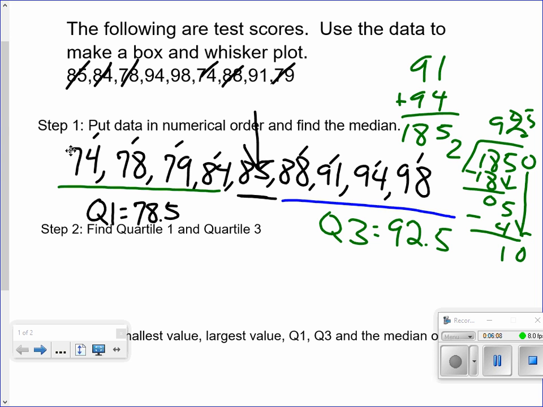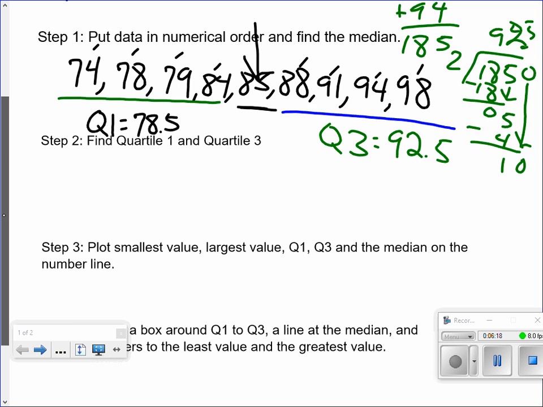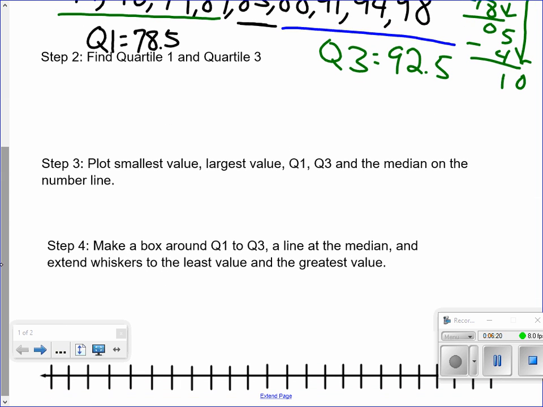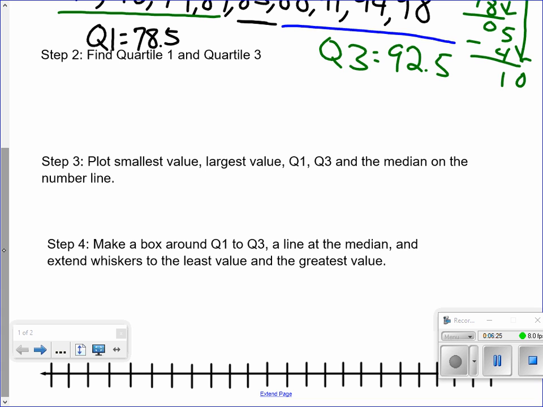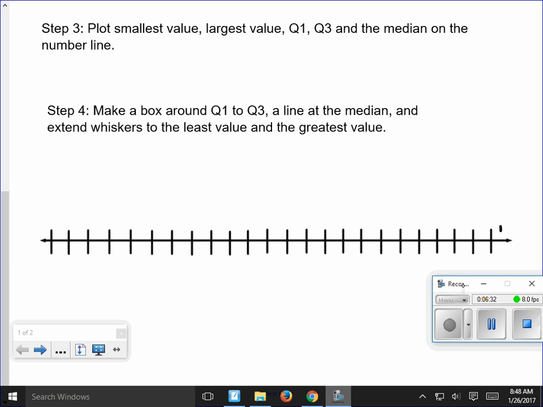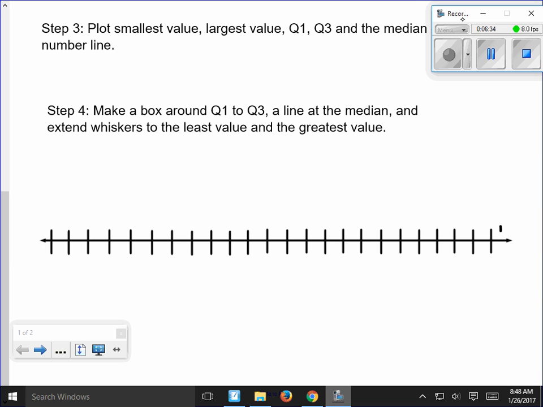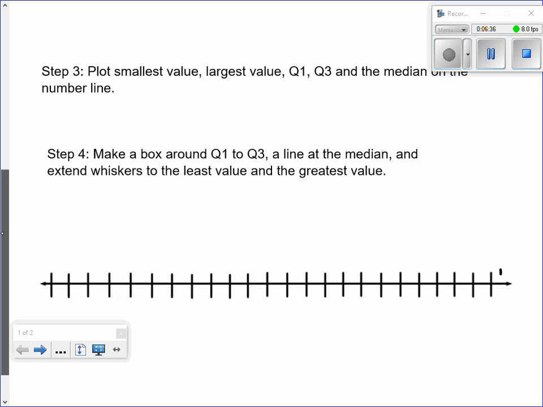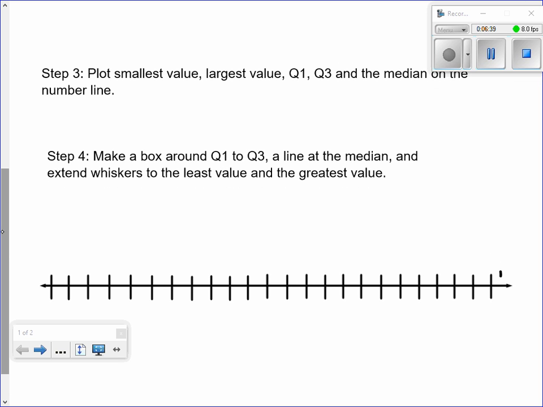So we got step number 1 taken care of. We got step number 2 taken care of. Well, let's see what step number 3 is. We got our number line. Step number 3 says plot the smallest value, the largest value, Q1, Q3, and the median on the number line.